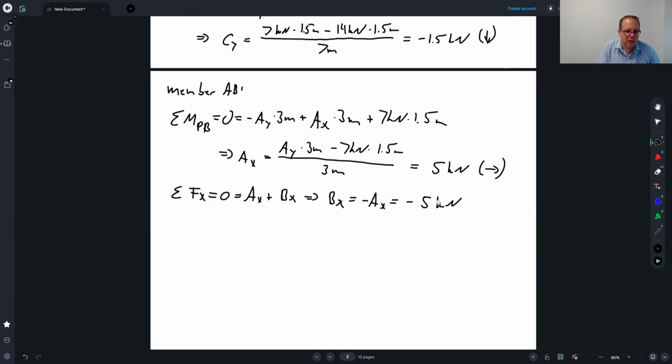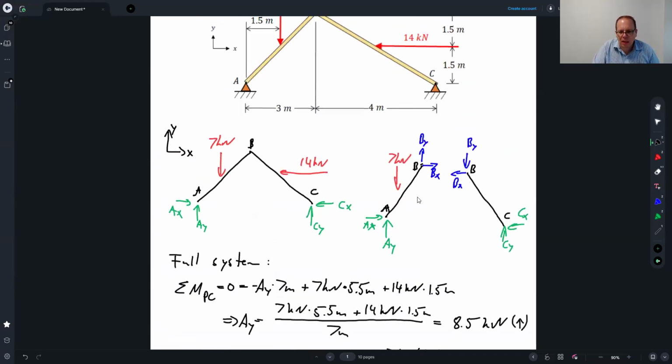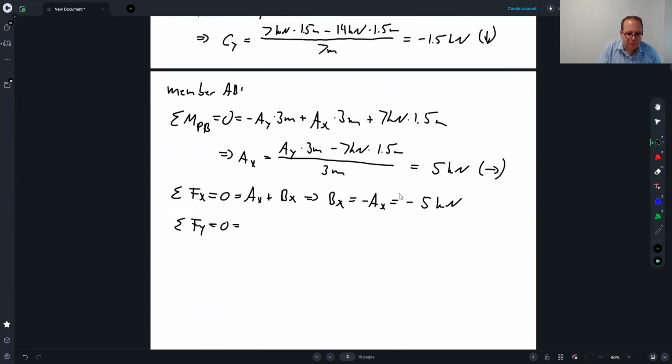And then we can do the sum of Fy equal to 0. We have AY minus 7 plus BY. AY, not plus, but minus, it's pointing downward, minus 7 kilonewton plus BY.